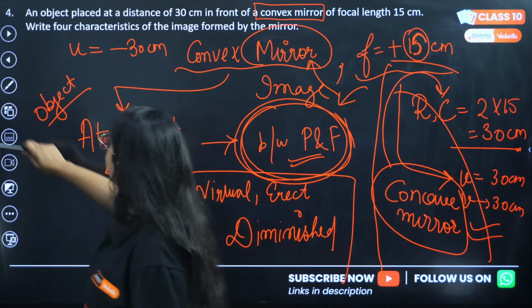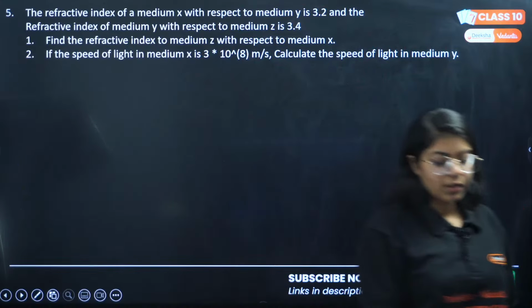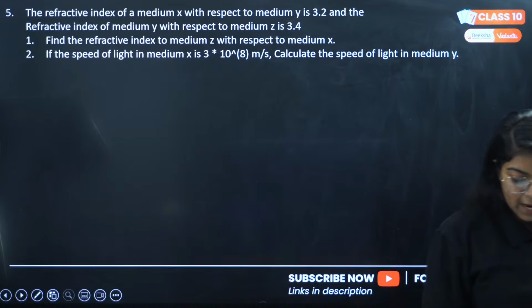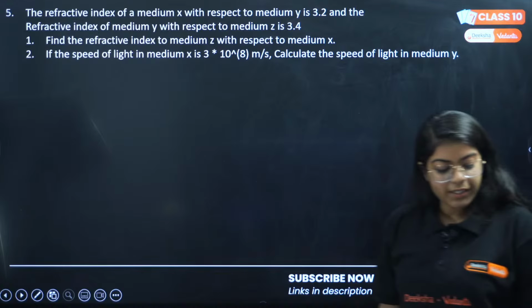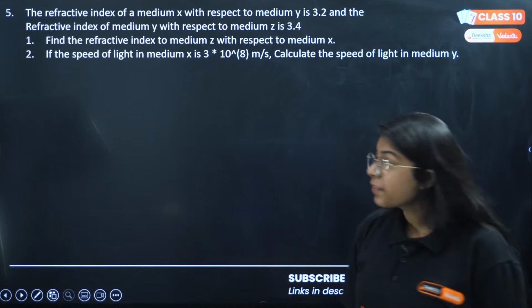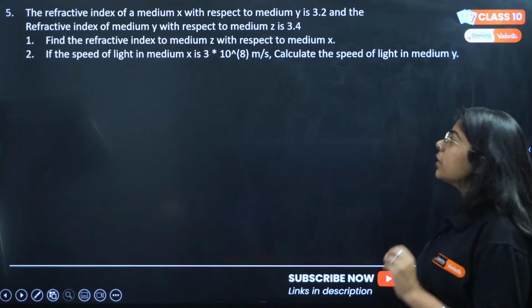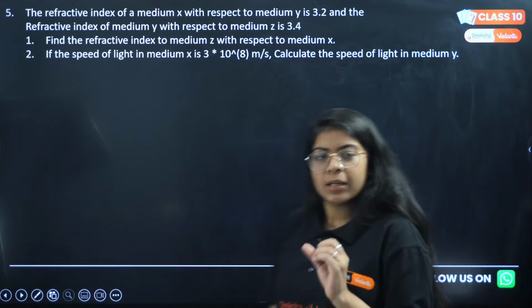This says, 5th question. Read it carefully. It's not that hard. Keep your pen and paper with you. It's very simple. The refractive index of a medium X with respect to medium Y is 3.2.